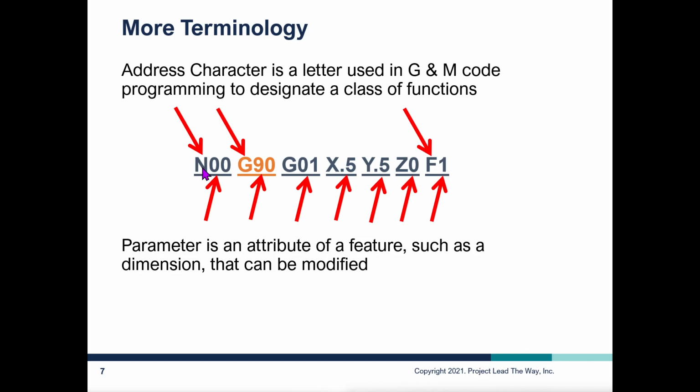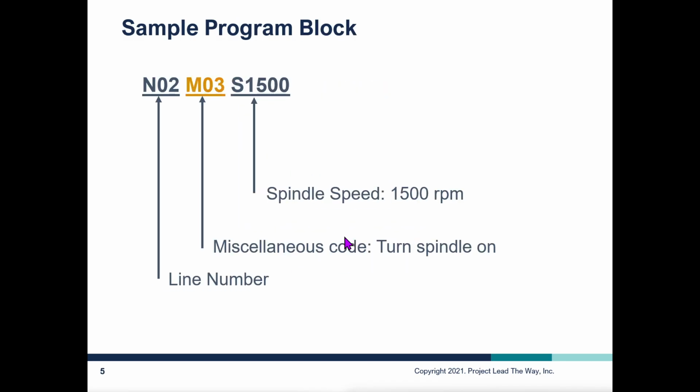So an N is a line number, a G is usually something that tells us something about our motion, how we're going to move. And then the F is our feed rate, so how fast we're going to move. The parameters are the things that come after our address characters. And an address character and a parameter is a word.